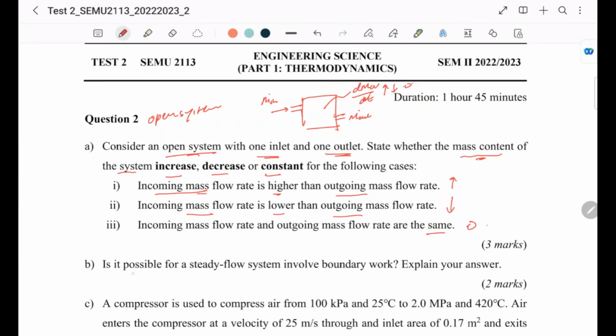Part B: is it possible for a steady flow system to involve boundary work?